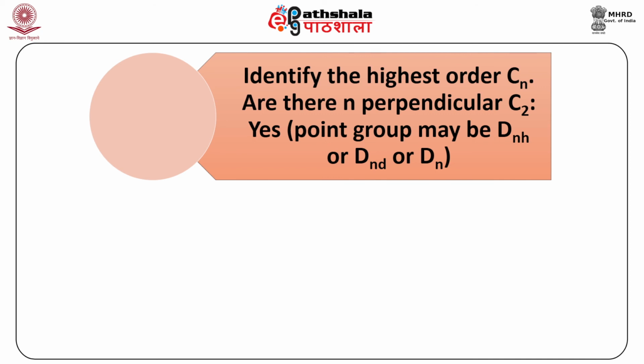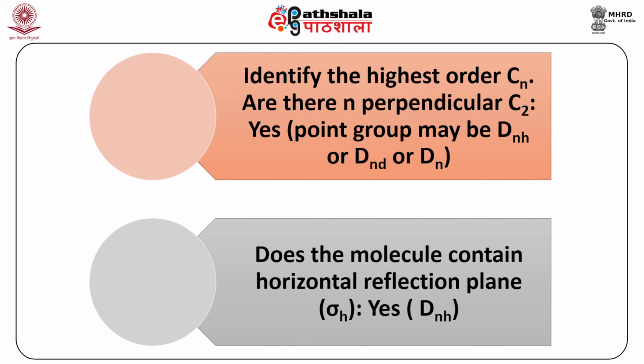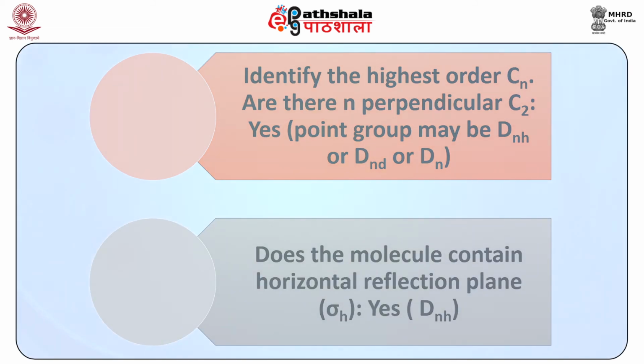So the point group may be Dnh, Dnd or Dn. Out of these three choices, we have to rule out two, because it has a horizontal reflection plane, that is sigma h. So obviously the only choice is Dnh. The n here is 6, thus the point group will be D6h.